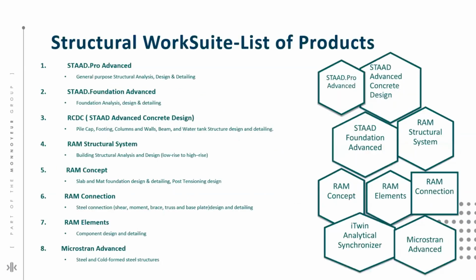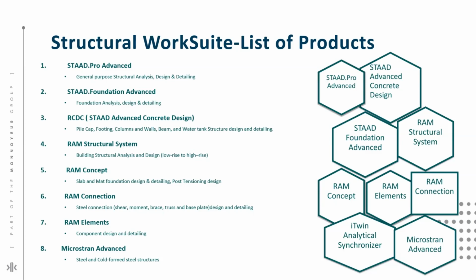So, in today's insight, we will be learning about Structure WorkSuite and the different products included in it, and what is the use of each product. I'll give you a brief description of every product included in Structure WorkSuite.